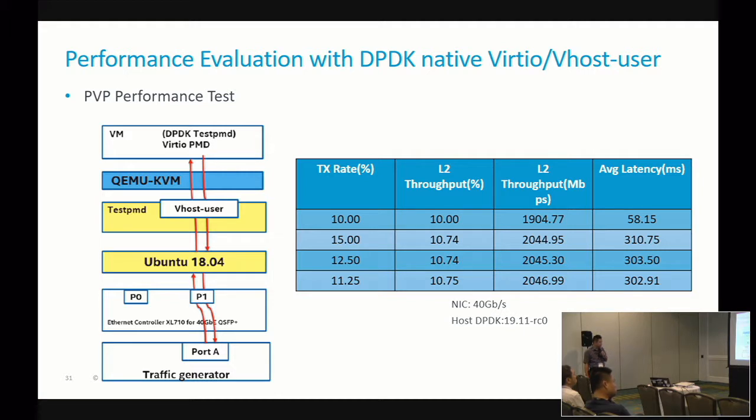The L2 throughput in this case can only reach about 10% of the 40 gigabit NIC.